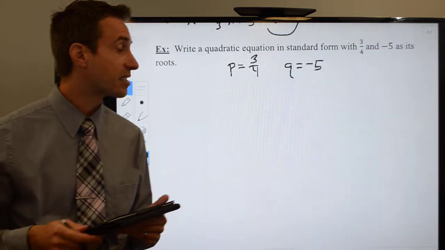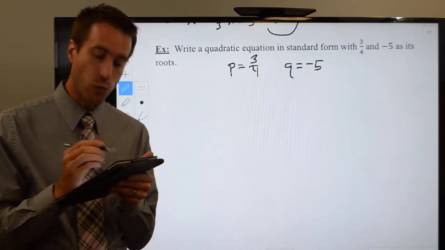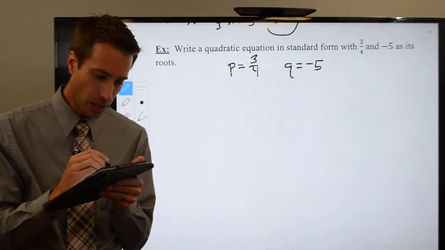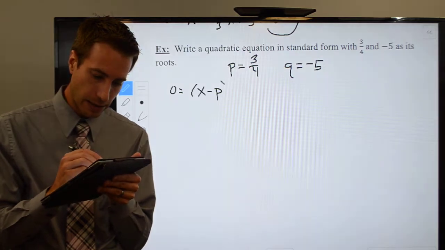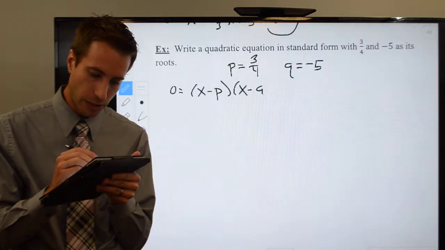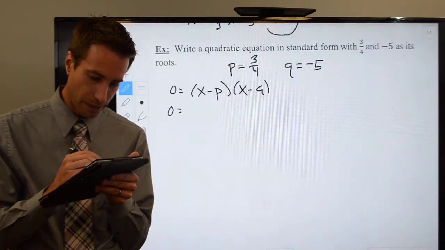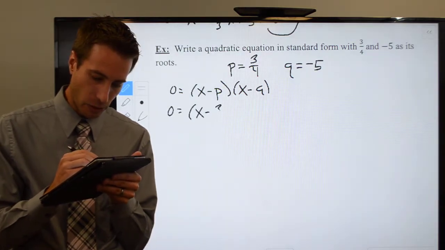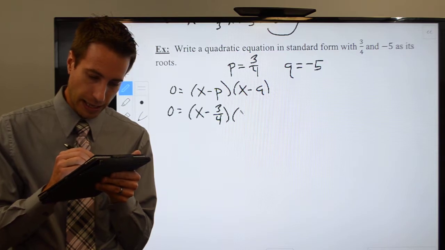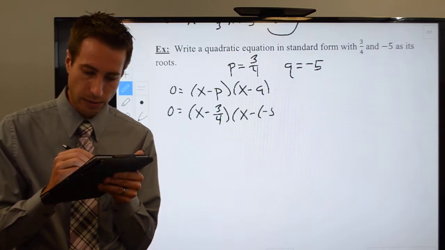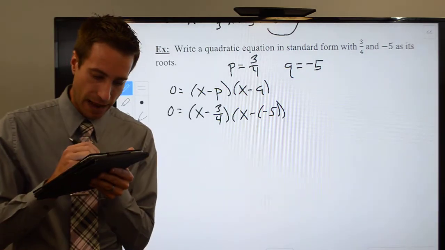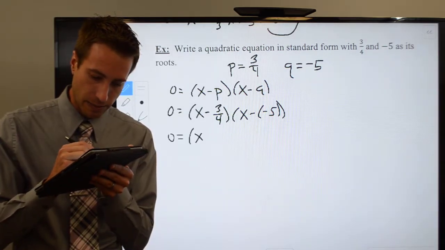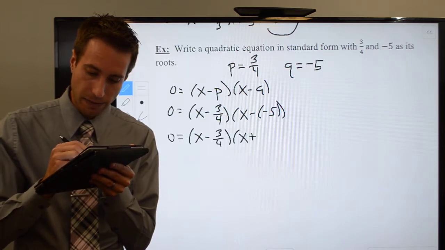Let's go ahead and plug that stuff into my formula, which was this. 0 is equal to x minus P times x minus Q, and we will have x minus 3/4 and x, careful, watch your signs, minus a -5. Let's go ahead and clean that up. That'll be a +5, so 0 is equal to x minus 3/4 times x plus 5.